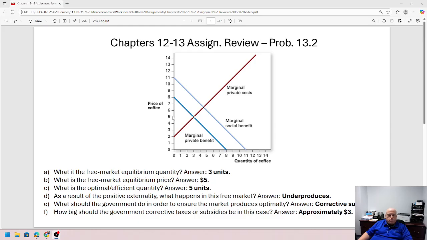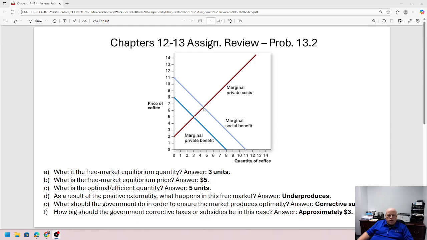Now, part C asks, what is the optimal or efficient quantity? To find this, we need to find where the marginal private cost curve intersects the marginal social benefit curve, which is right here.